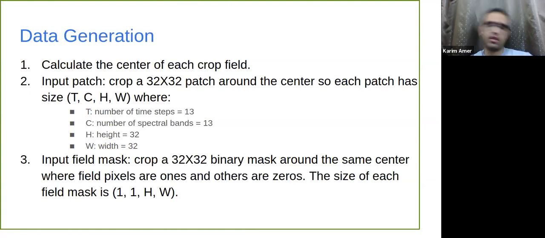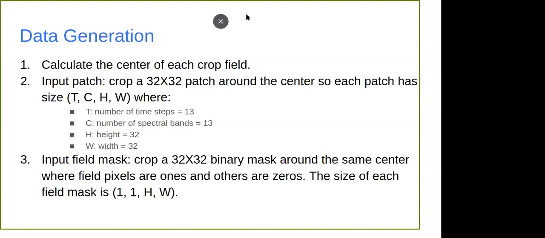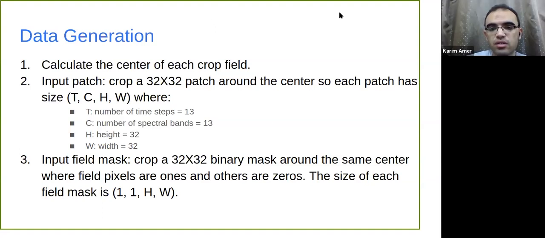After I tried to increase it more, it didn't give me good results. The models were slow, and the surrounding information was too much and not useful to the model. So it's just by experiment. Okay, so it was through experiment that you went with 32 by 32. Yes.